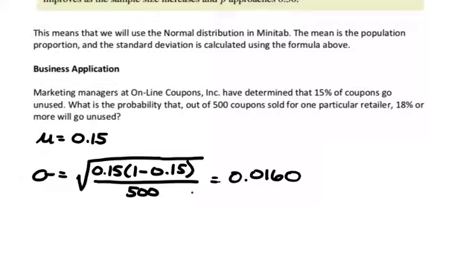So when I'm putting this into Minitab, what my question is asking here is, what is the probability? And so if the question is, what is the probability, that tells me that I'm going to put in an X value. I want to know the probability that 18% or more will go unused. So that tells me that I'm going to be doing a right tail because more is on the right.